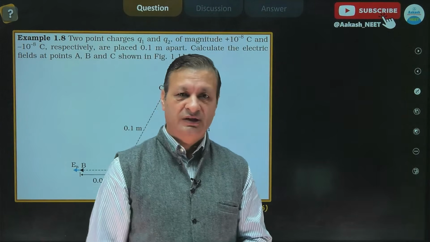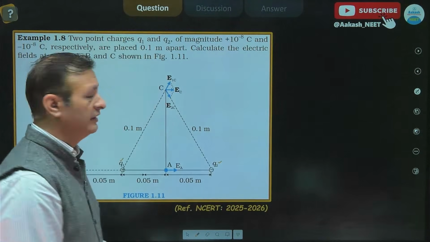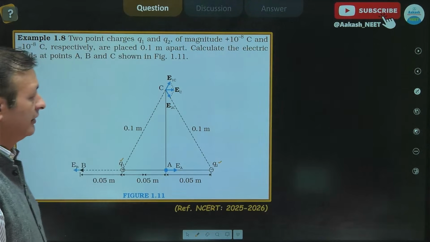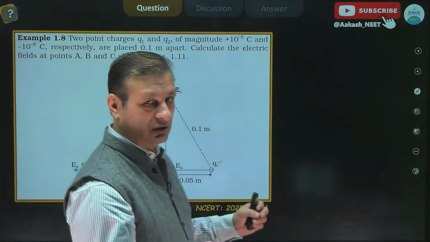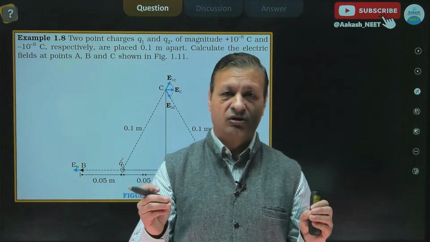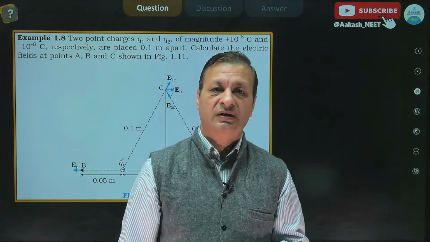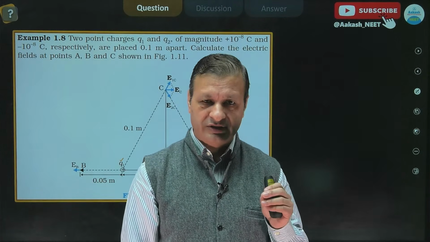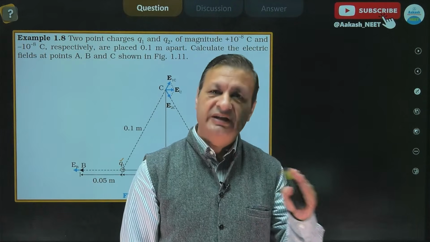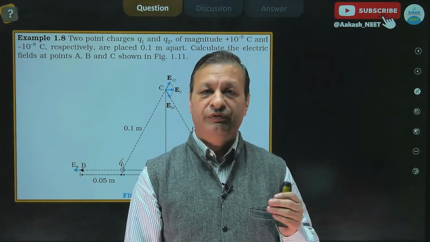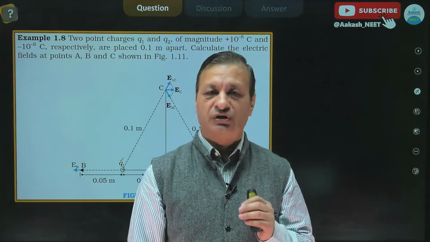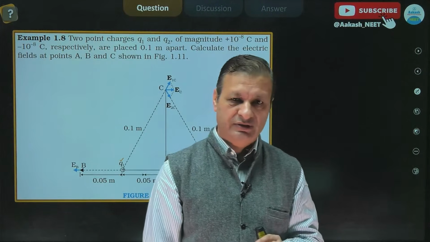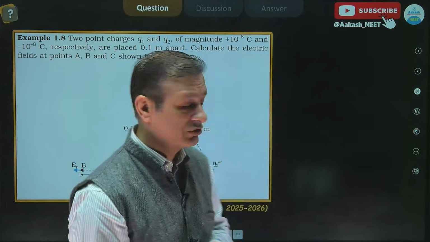So, how do you go with the electric field concept? Electric field is again a vector quantity, and just to make your concept easier, we know electric field due to a positive point charge at any point will be radially outward, and if electric field is due to a negative charge, that would be radially inward towards the negative charge.